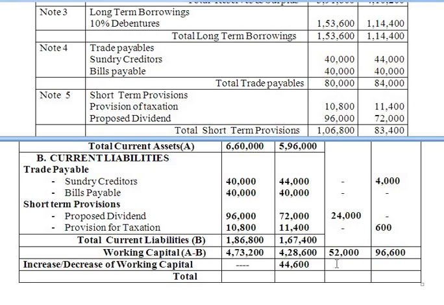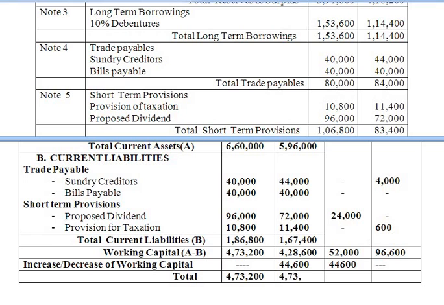Okay, here you will write the balancing figure 44,600, and here put a dash. Now make the total. Here the total is 4,73,200, and here the total is 4,73,200.